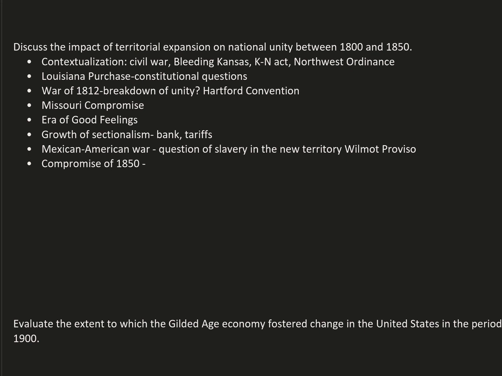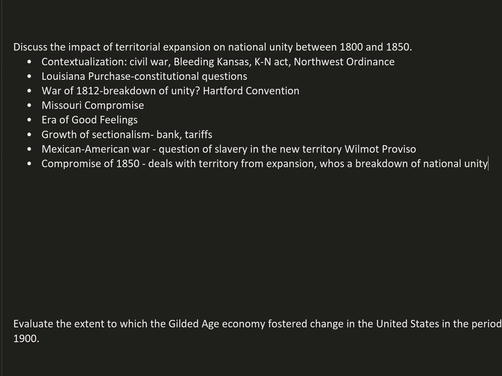Even though it's a compromise, it deals with territory from expansion, and then shows a breakdown of national unity, because we can talk about those outcomes: the South gets really mad that the Senate's not balanced anymore between slave and free states.